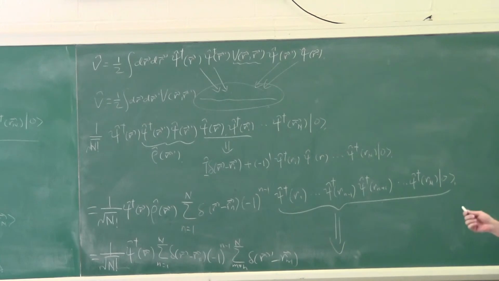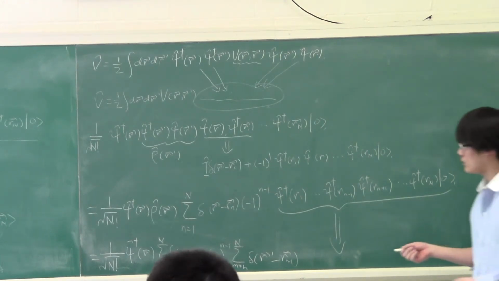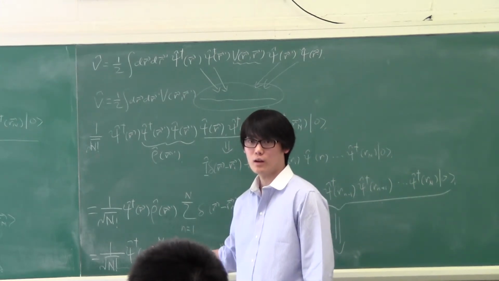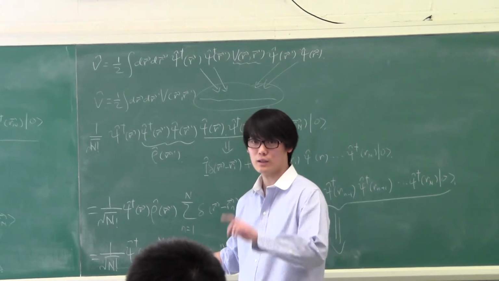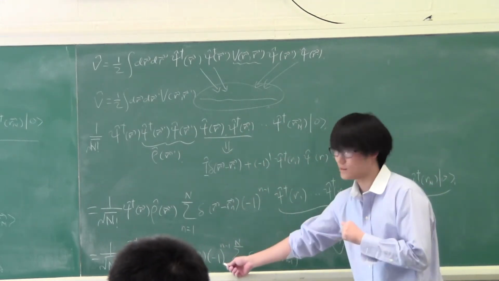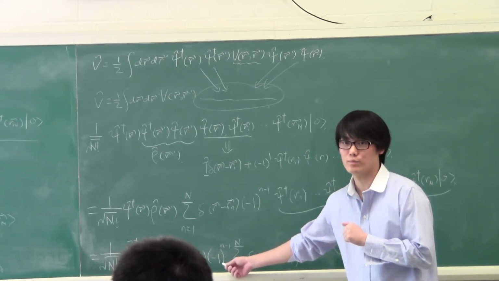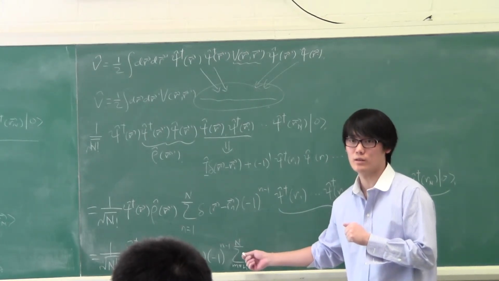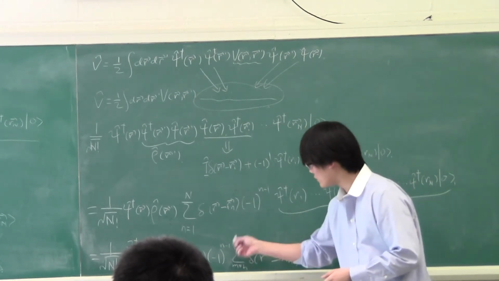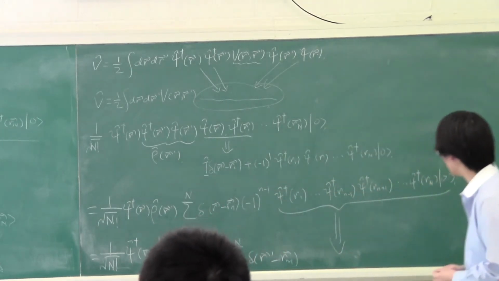And to move creation operators across, all we do is we add a minus sign. Now if I want to move the r to the nth position, I need to move it n minus 1 times. So we acquire a minus 1 to the n minus 1 power. And it sees this, so this is plus 1 to the n minus 1 power. And it's just gone. So this factor is gone after we move it across.